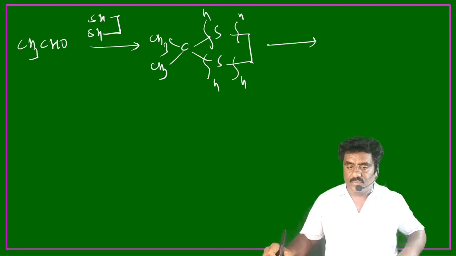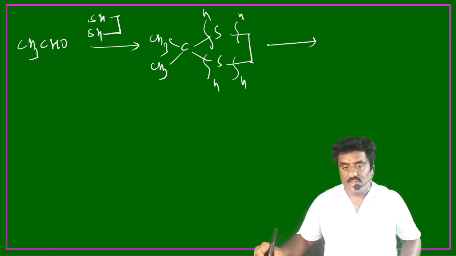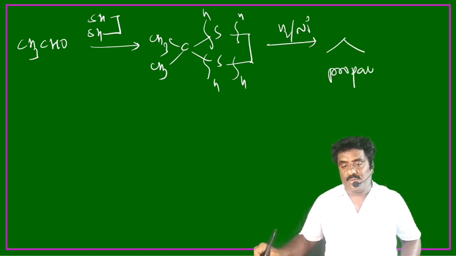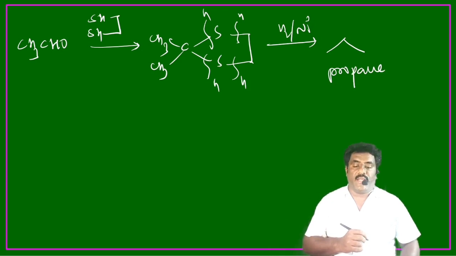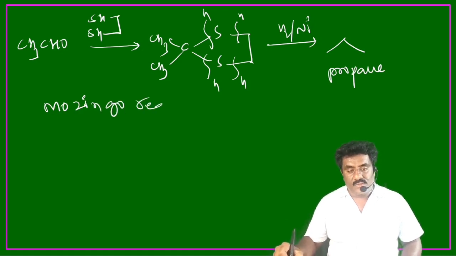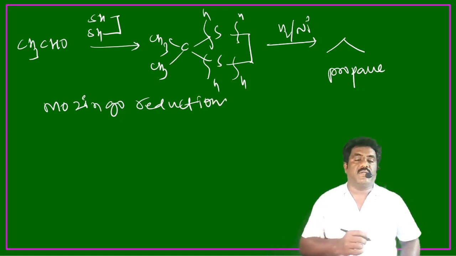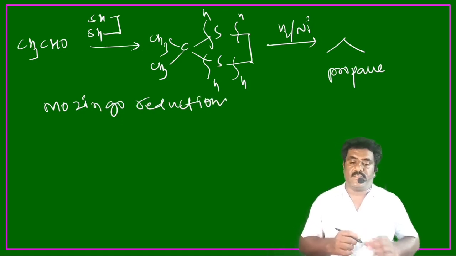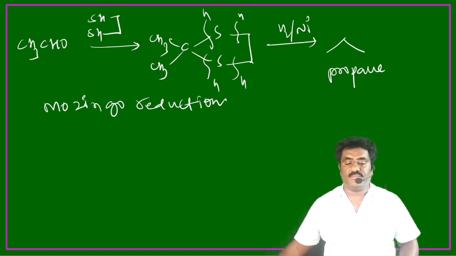Yes, it forms in the presence of hydrogen and nickel. It gives propane. The name of the reaction is Mozingo reduction. These are the properties of aldehydes and ketones.